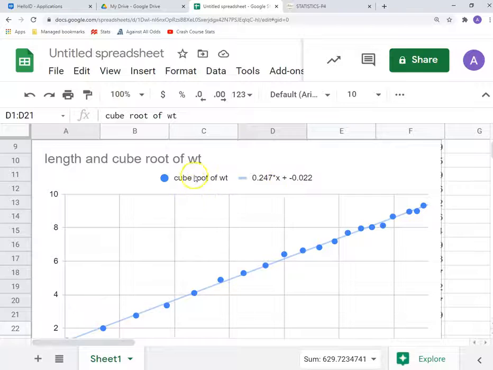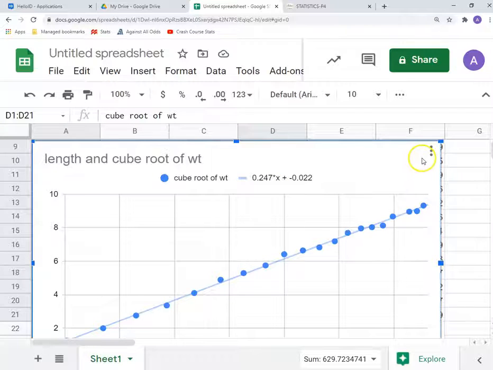But then, because it's the cube root of weight, to get weight, we would have to cube whatever we got over here to get the actual predicted weight, okay? When I'm forcing data to be linear, I prefer to mess with x because we don't always remember that you have to cube it to get the actual predicted. But you can mess with either x or y.